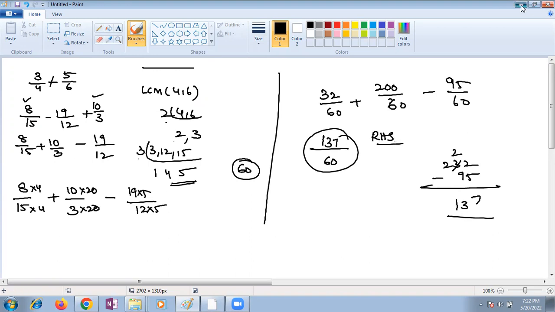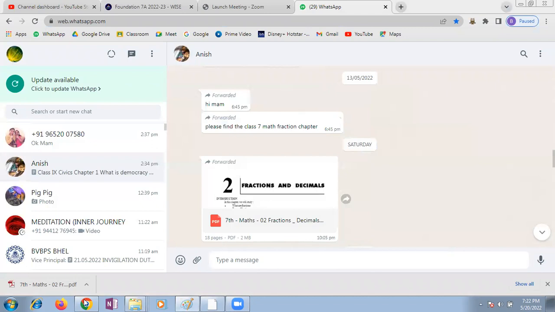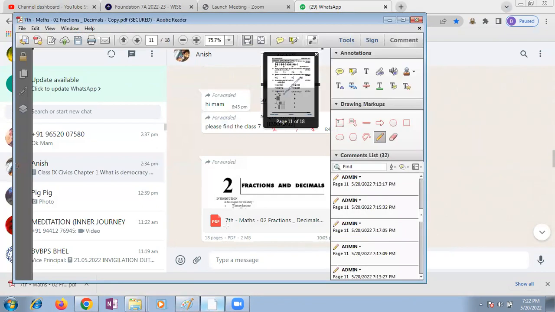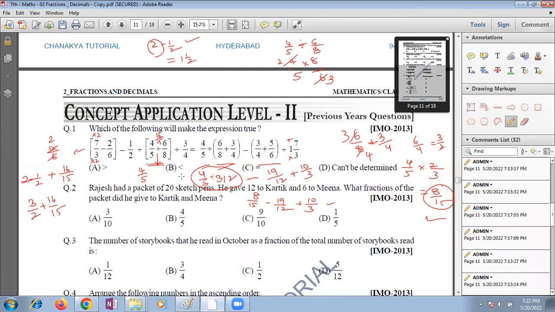Coming to the left hand side, what is given in your left hand? Let me check that part too. We did not simplify yet the left hand side. 2 minus half means 1.5.